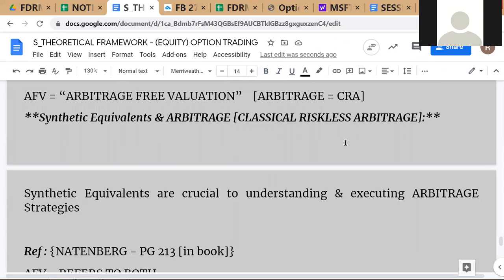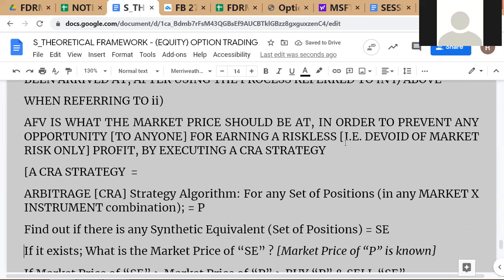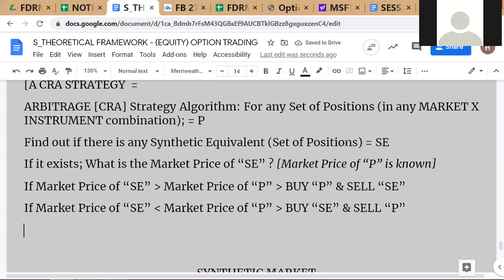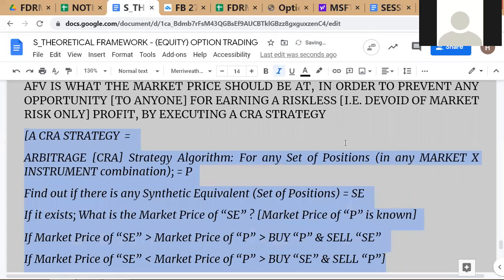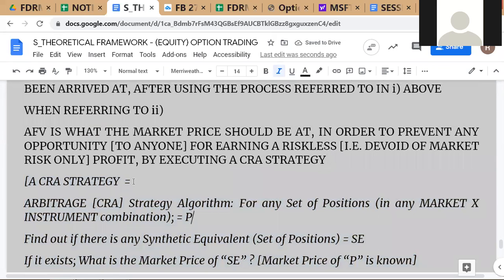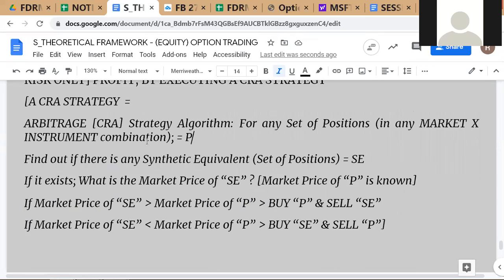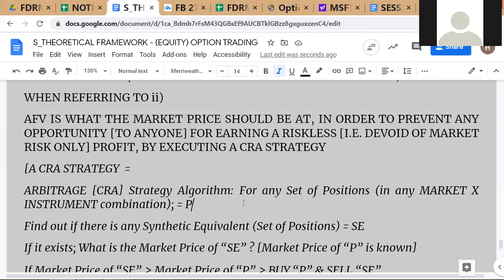We will now refer to a CRA strategy as this, and we'll put this whole thing in italics so that we understand that this is an explanation. If you can easily understand what a CRA strategy is, you don't really need to read all this, but this is basically what it is, okay?